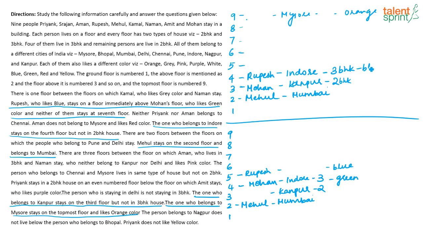So this is blue, green. And this was Mysore, we don't know what BHK, but orange. So this information we have. So you have two possibilities here. Then what else is given?